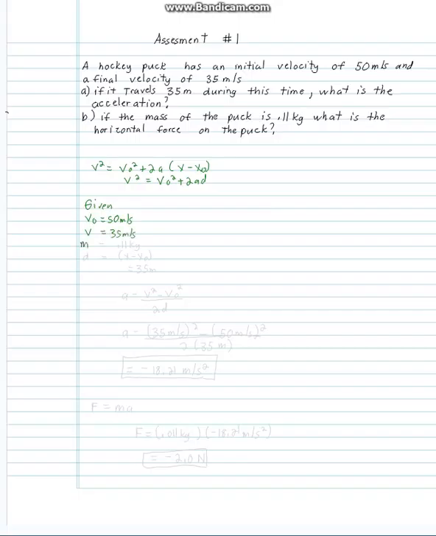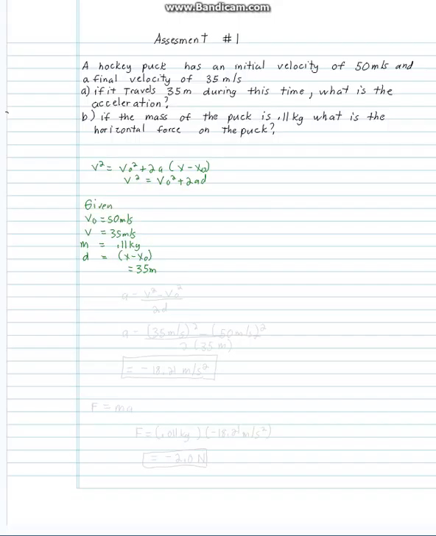The mass of the puck is equal to 0.11 kilograms. And for us to derive our distance, the distance is equal to x minus x initial, which is equal to 35 meters. So the next step we want to do is isolate the acceleration from the equation.